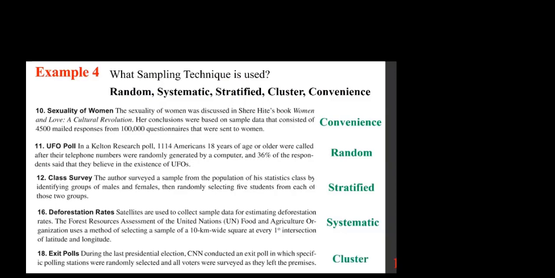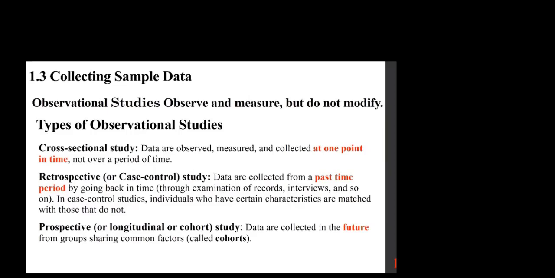It's a cluster, based on what we have defined cluster to be. We divide the population into sections that are non-homogeneous, and then we randomly select, and we choose all of them, and the whole cluster is chosen.